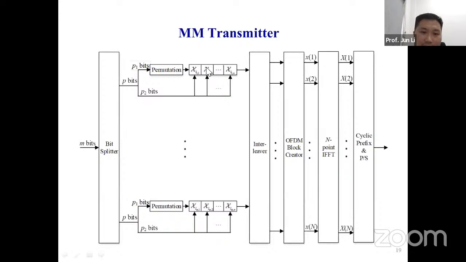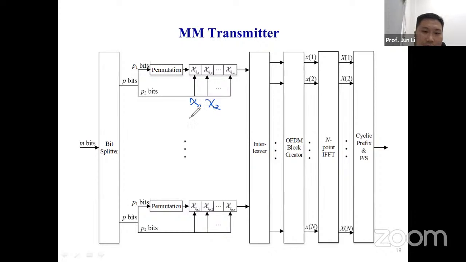This is an index space for the permutation of the different constellations. For example, here we have x1 then x2.